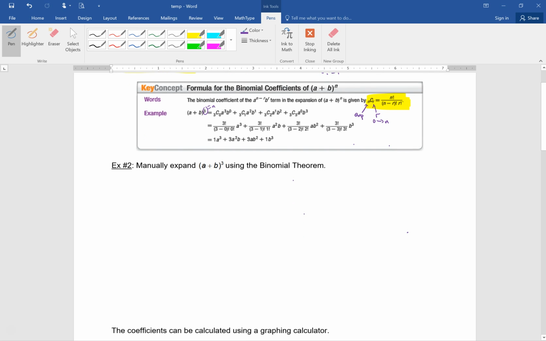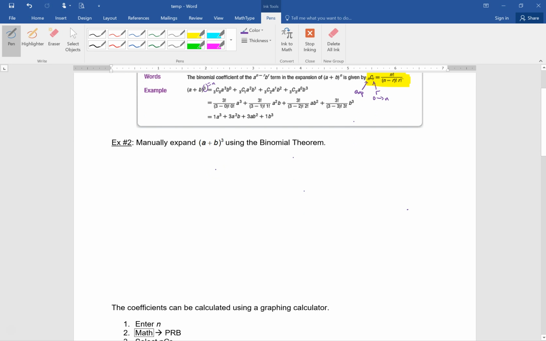So let's do A plus B cubed using the binomial theorem. Here's how you do it. You have your C, and you start with 3, because that's your N. Then 0. Why 0? Because R has to go from 0 to 3. And then the next one is C, 3, 1.